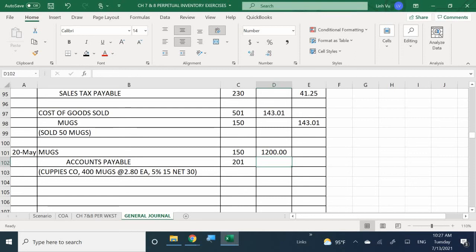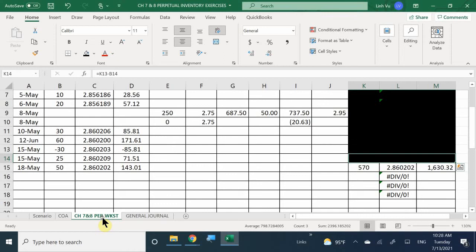Oh, don't forget the freight. Yes, it's included. Plus $80 freight gives you 1,120 plus the 80. Okay, perfect. So now that we have our journal there, let's go ahead and update our inventory on hand.